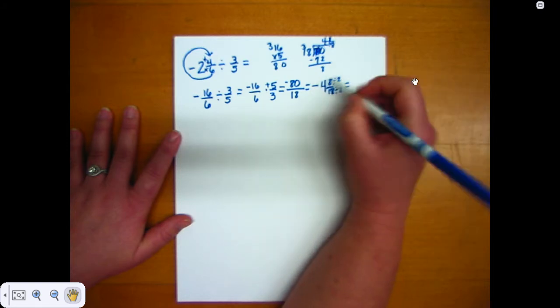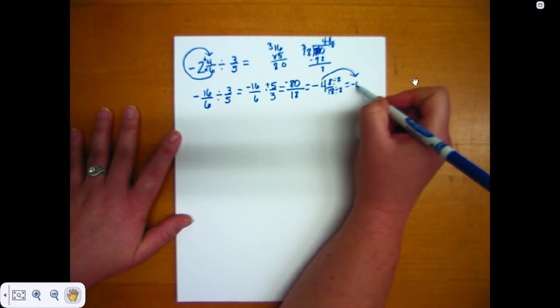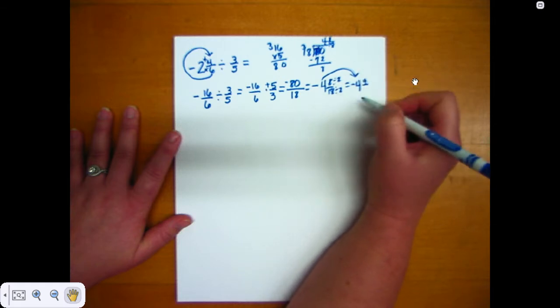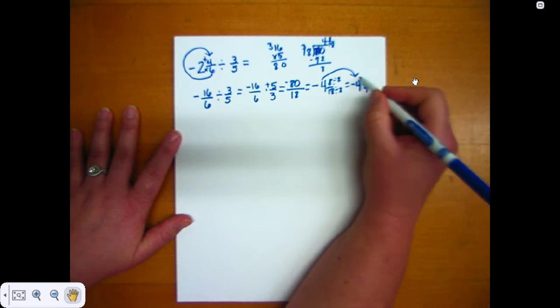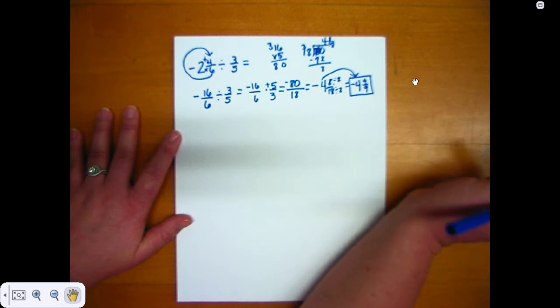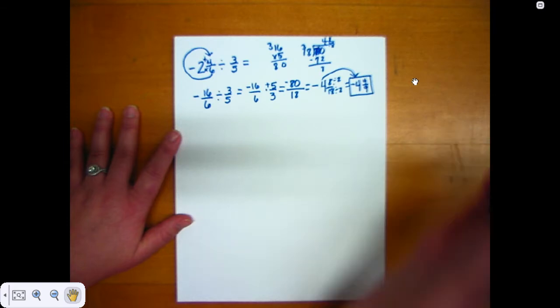So I'm going to bring my whole number over. -4. 8 divided by 2 is 4. 18 divided by 2 is 9. So my answer is -4 and 4/9. That wasn't too terrible. It's just a lot of extra steps to do.